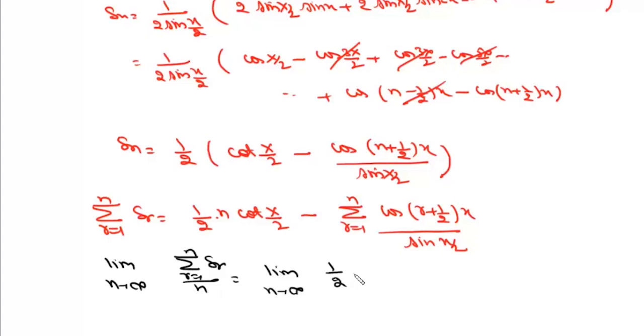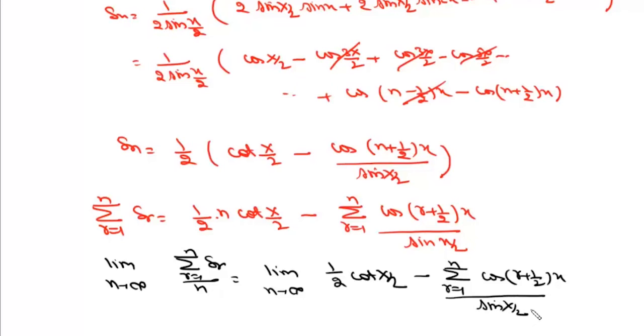This 1 by 2 cot x by 2 and then minus this summation r varies from 1 to n cos r plus 1 by 2 x upon sin x by 2.